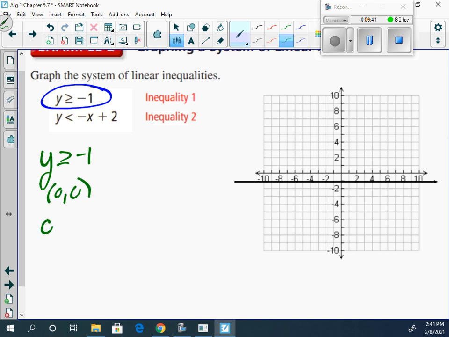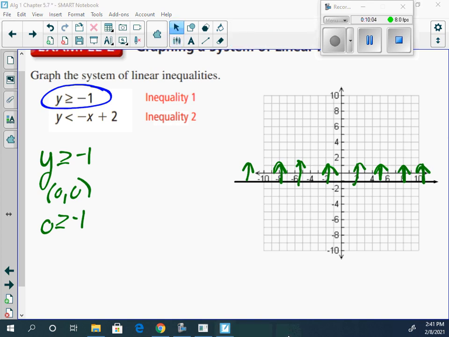And this would tell me what? 0 is greater than or equal to -1. This is true, yes? So we would be shading where? Above the line, yes? So for this here, we're going up. And again, you can draw multiple arrows. You can draw one arrow. But we are going up. We're shading above this line.